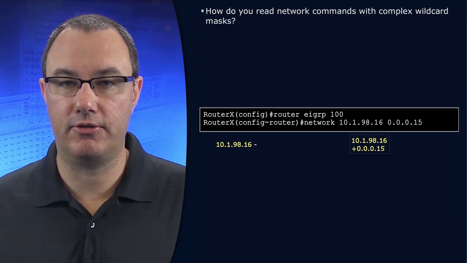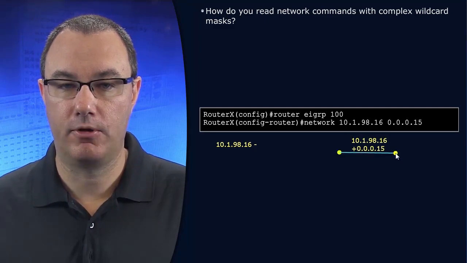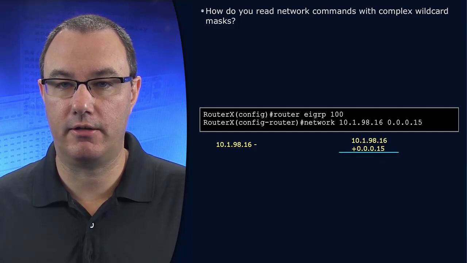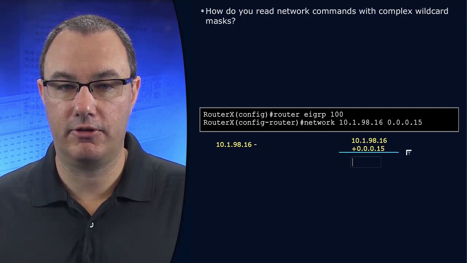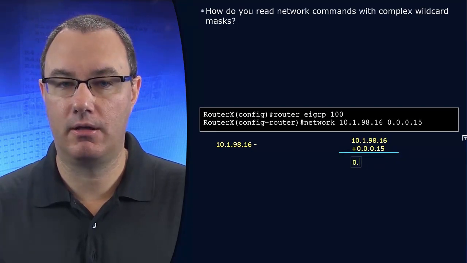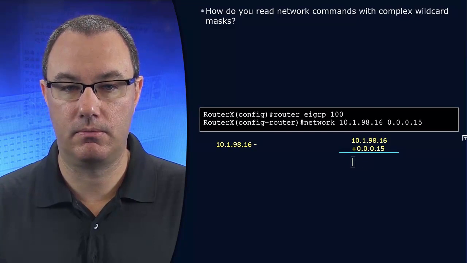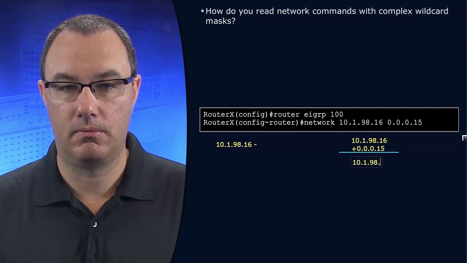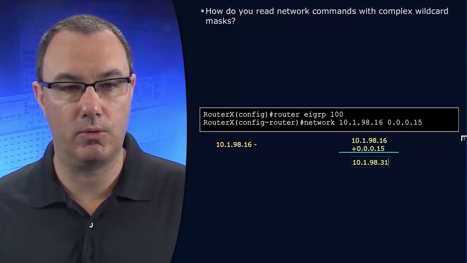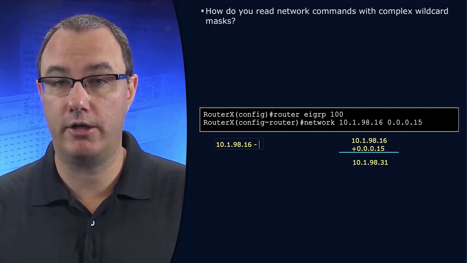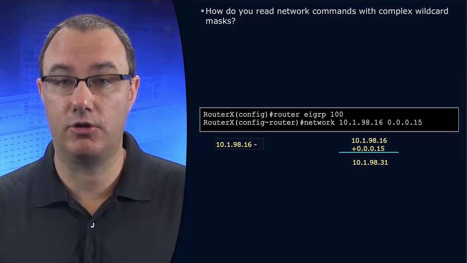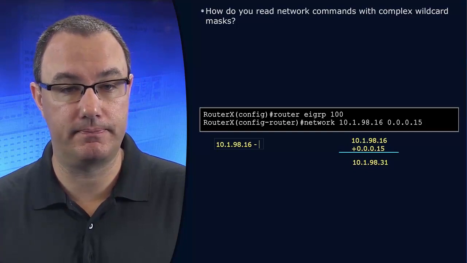what we would be able to see is this. We're going to see that the final octet is going to be that 31. Common values in a wildcard mask: we expect values of 0, 1, 3, 7, 15, 31, 63, 127, and 255.